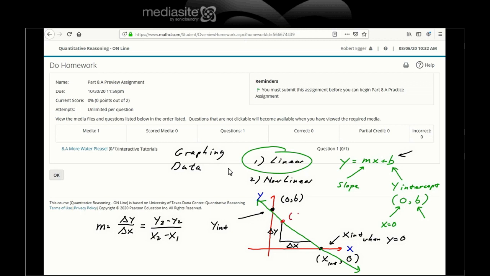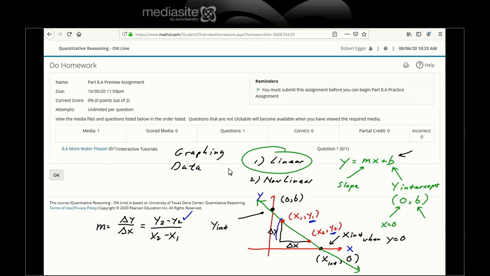Let this be coordinate pair x1, y1, and this be coordinate pair x2, y2. My change in y is the difference between this value and that value.